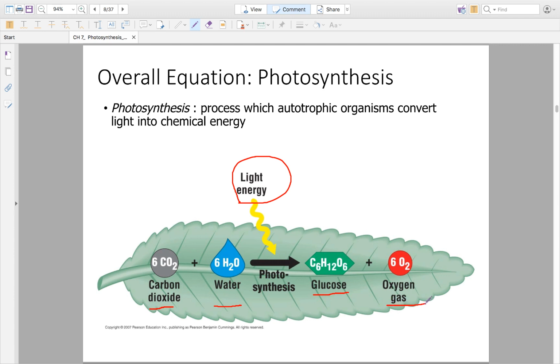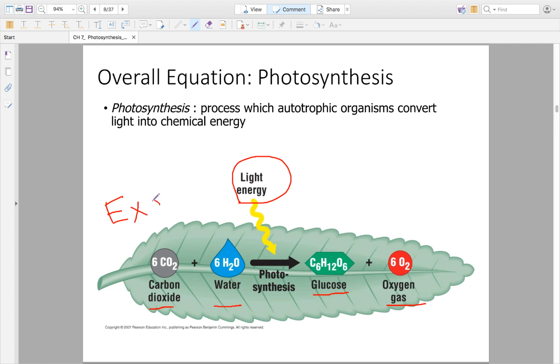It is the exact opposite of the cellular respiration equation. Cellular respiration equation is 1 glucose plus 6 oxygen. You get 6 CO2, 6 water, plus 36 ATP. All right, so keep that in mind. And yes, you have to know this for your exam.